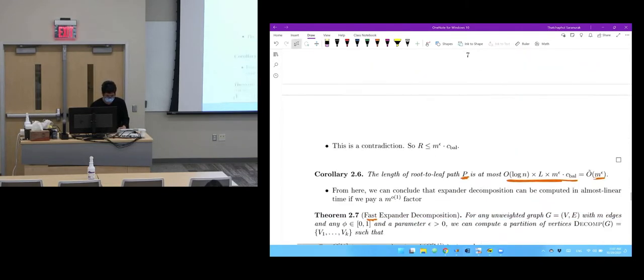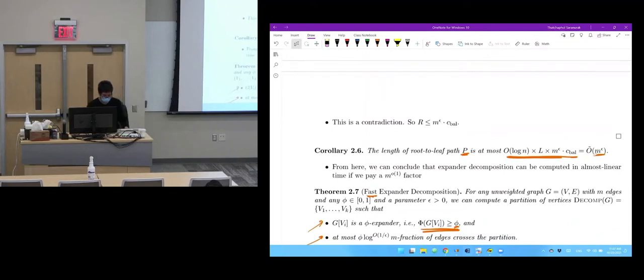And once we have that, the total length of the path is going to be like, this is for left, and between any left, you have this many down, and between any left or down, you have this many R. So that's why the total length is this much, which is something like m to the epsilon.